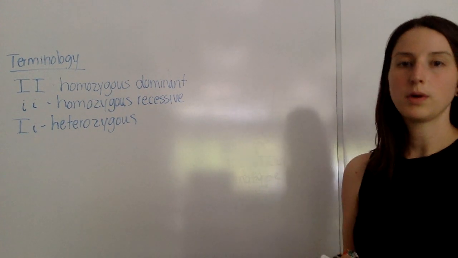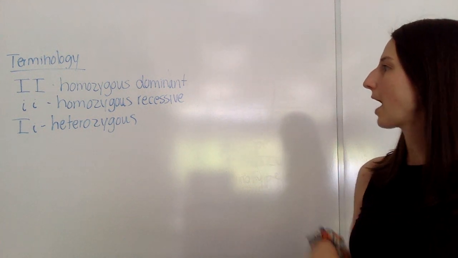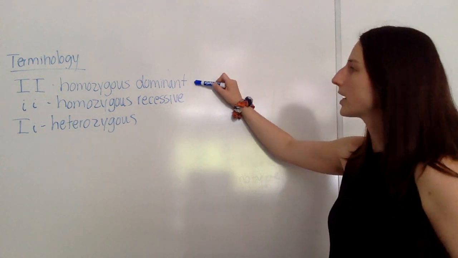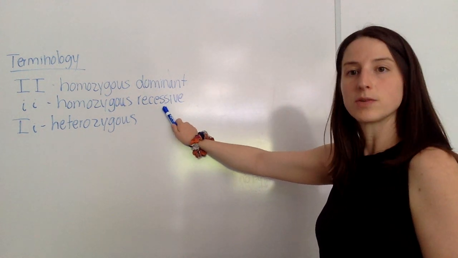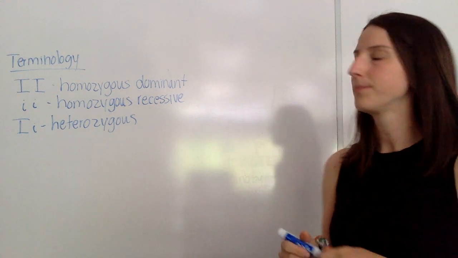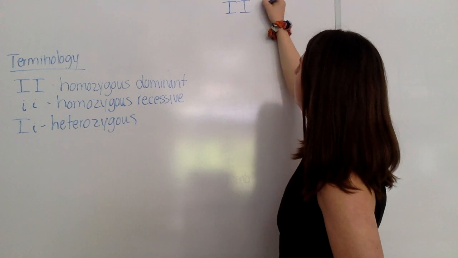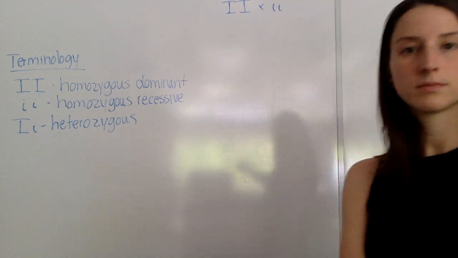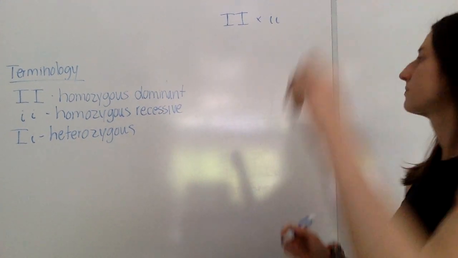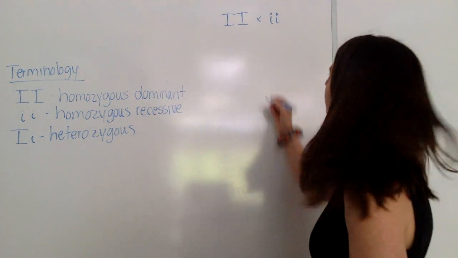So what we're going to do to start is see what would happen if we had a person who was homozygous dominant and they had a partner who was homozygous recessive and they had a baby. We'll see what their offspring look like.